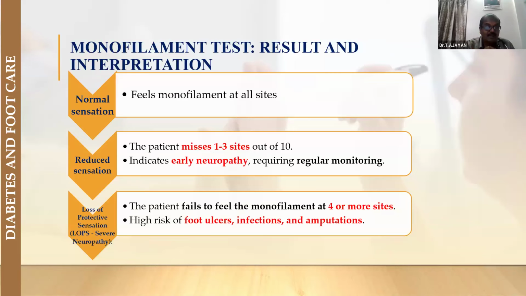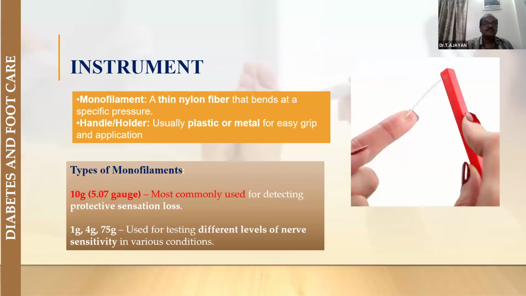Loss of sensation at 1 to 3 sites indicates reduced sensation, and more than 4 indicates severe neuropathy. The instrument is a monofilament, a thin nylon fiber that bends at a specific pressure, with a handle holder, usually plastic or metal, for easy grip and application.